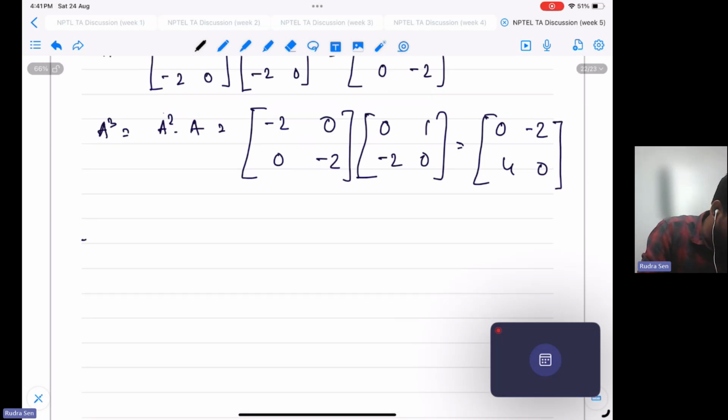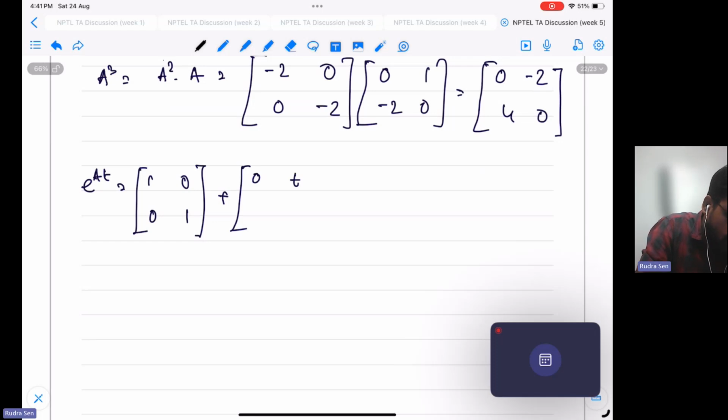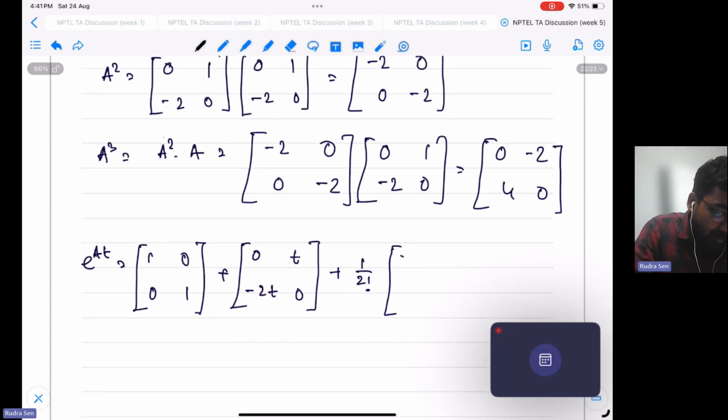Okay. So what is e to the power At? e to the power At is basically, first is I, [1, 0; 0, 1], then is At, [0, t; -2t, 0], t is multiplied with that. Next is 1 by factorial 2 into A squared t squared, which is [-2t squared, 0; 0, -2t squared].